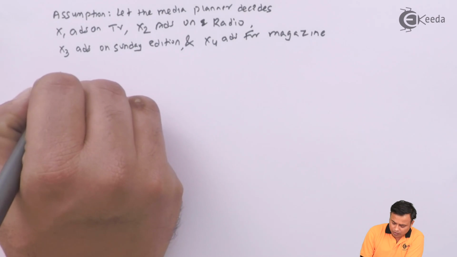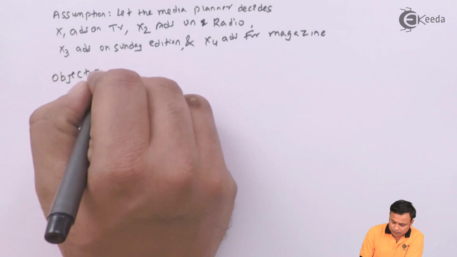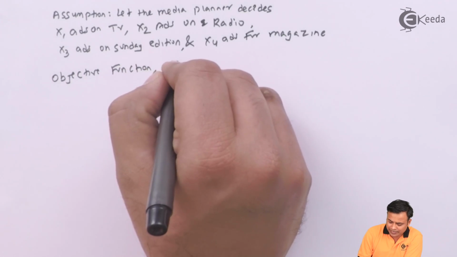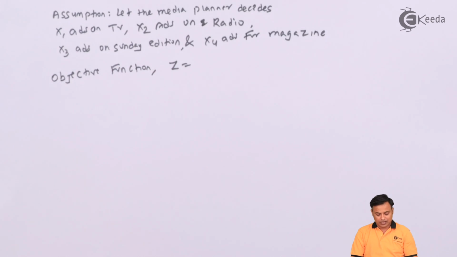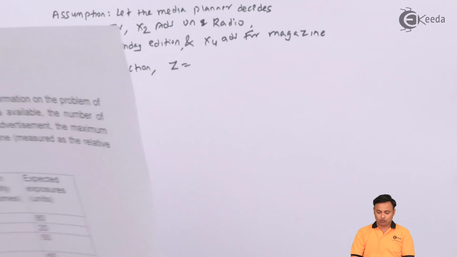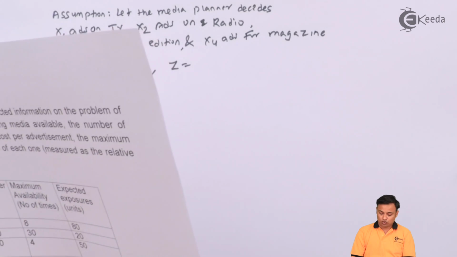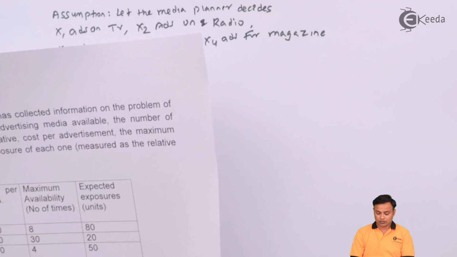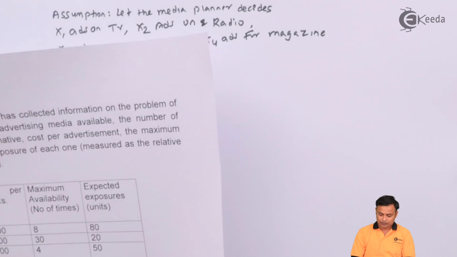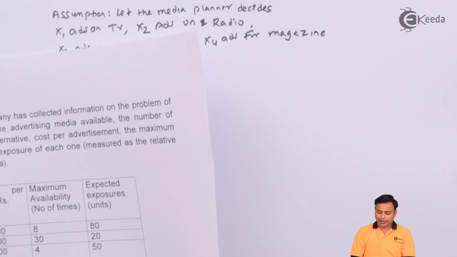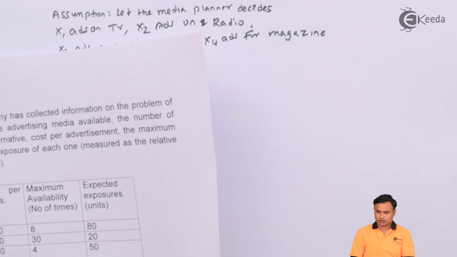My objective function will be denoted by Z. Here we are required to decide how to allocate the funds for the different advertisement media, and we need to maximize the exposure. There are two possibilities.